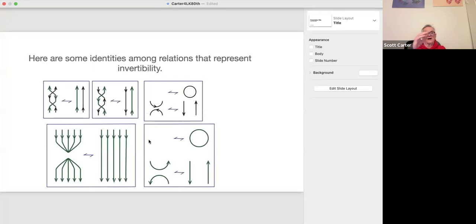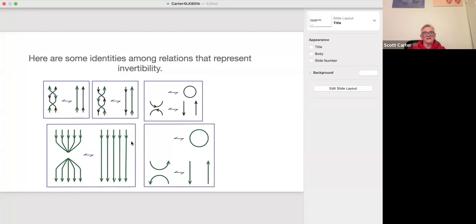Okay, so these are some of the identities among morphisms in that category. These are some of the relations that we would impose upon the morphisms. Namely, everything is self-invertible. And then these have to do with trivial homotopies in the classifying space.